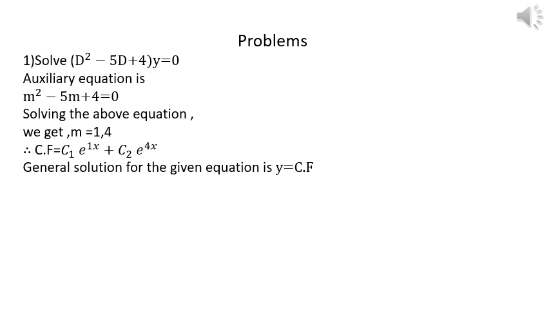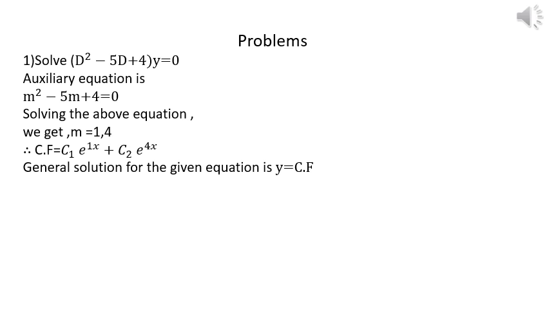Okay, the coefficients of y, dy, d square y, all these are constants. That's why this equation is said to be a linear differential equation with constant coefficients. Constant coefficients. Is it clear? So what we are given is a second order homogeneous linear differential equation with constant coefficients.